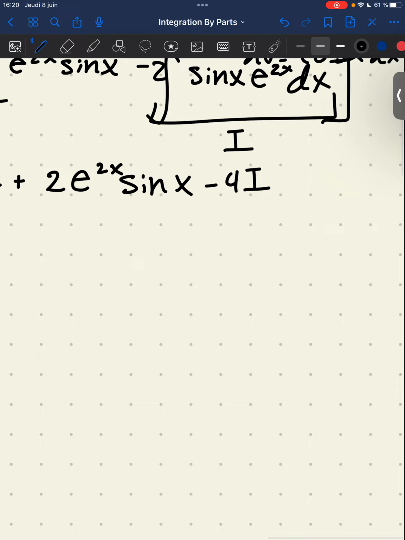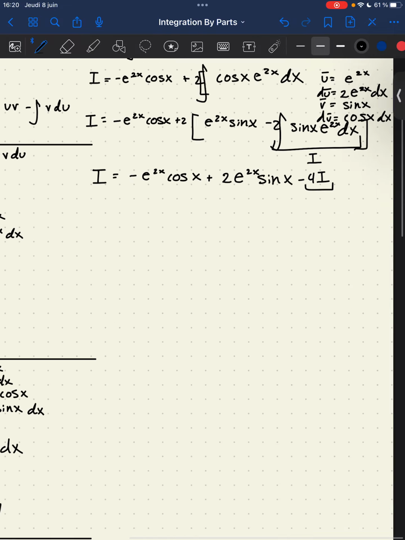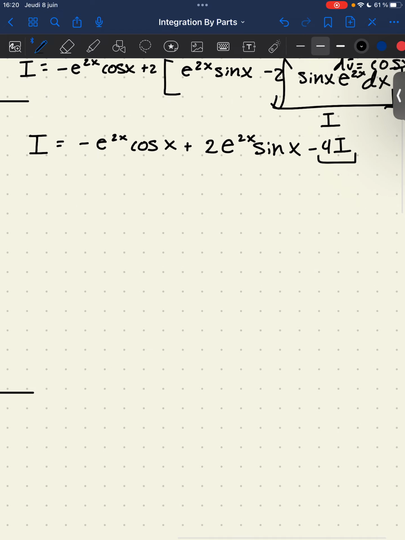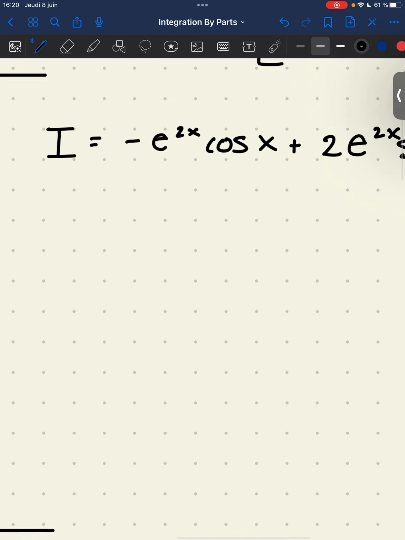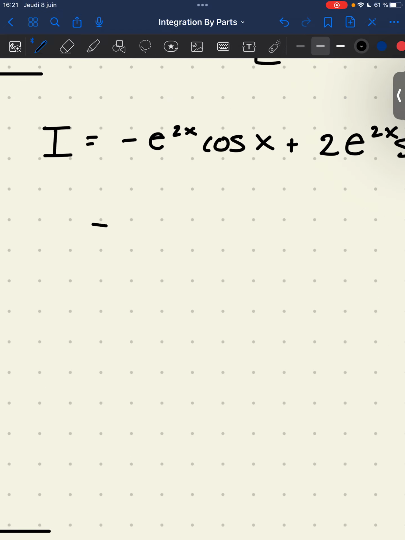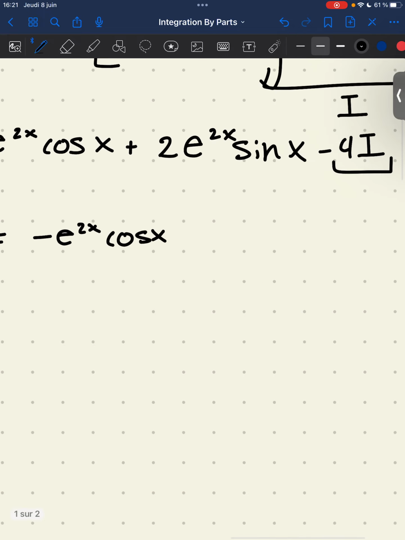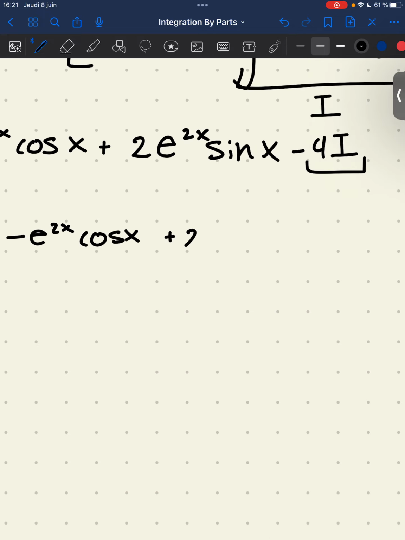Now like we said, we're trying to solve for I, so we have this negative 4i on this side, and we want to get all of our I's on the same side. So this just becomes 5i equals negative e to 2x cosine of x plus 2 e to the 2x sine of x.